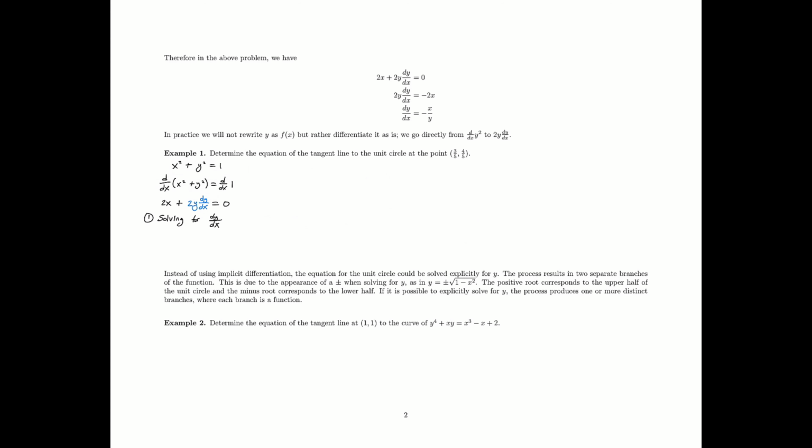We want to know the derivative at this point, 3/5 comma 4/5. Because we don't want the derivative in terms of any arbitrary x and y, we only want dy/dx at this specific x and y pair, we technically could plug in 3/5 and 4/5 at this stage. That would make it easier to solve for dy/dx.